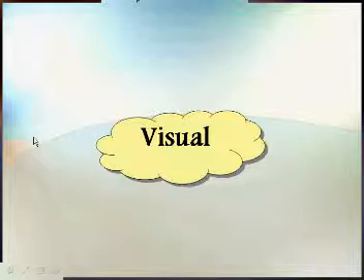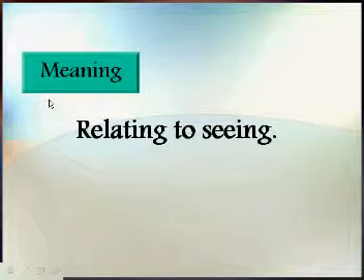Visual. Relating to seeing. Anything that is related to seeing. So if I say a visual learner or a visual student, that means somebody who likes to learn by seeing or watching things.